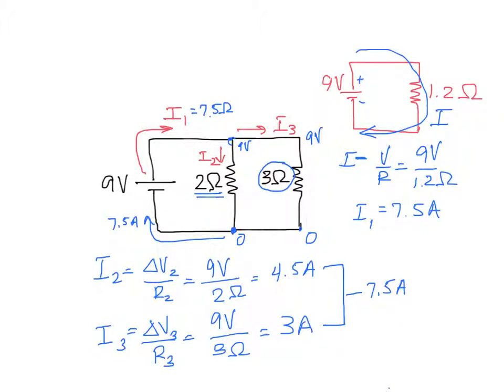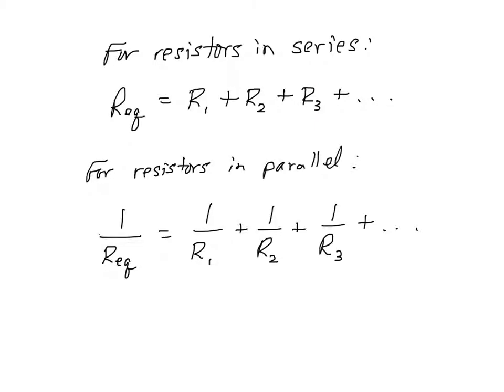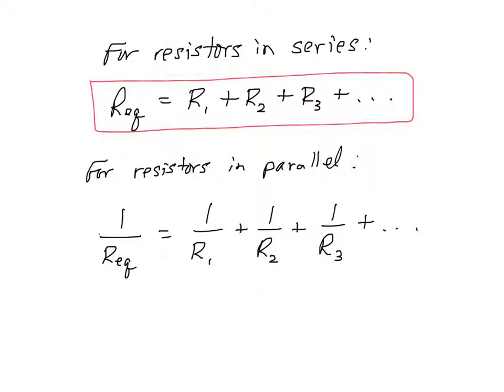So a general equation for the two different types of resistors, the ones that are in series and the ones that are in parallel, I'll give you on the next slide. Okay, for resistors in series, the general equation that we derived actually from the simple circuit I showed you in the first couple slides, is just a simple addition of all of the individual resistors, and that will give you the equivalent resistance for multiple resistors that are in series.